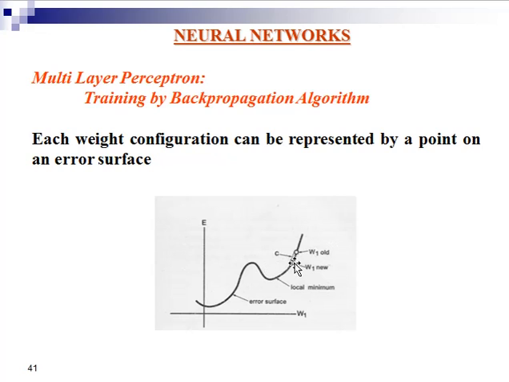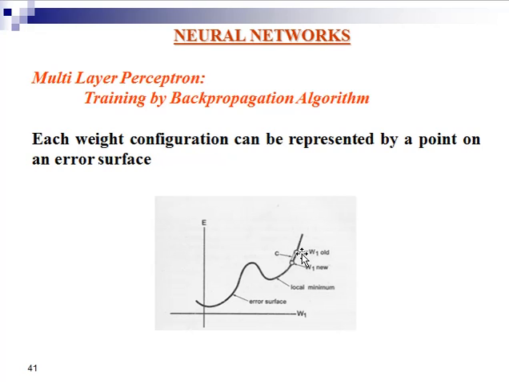On this error surface, we are trying to minimize the error, or we want to go down on this error surface so that the error, or the loss function, could be reduced, and we can have correct classification.